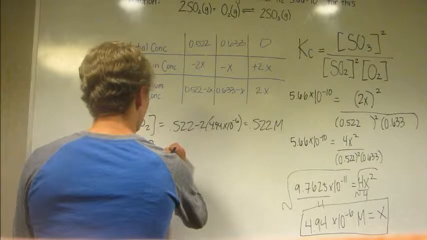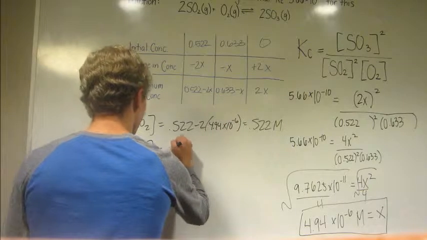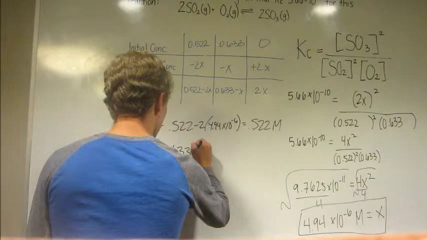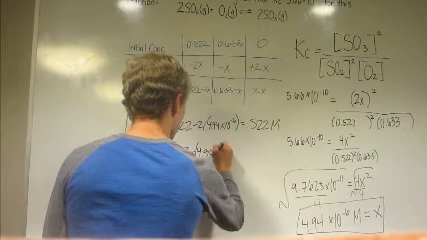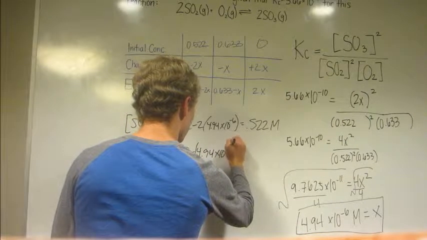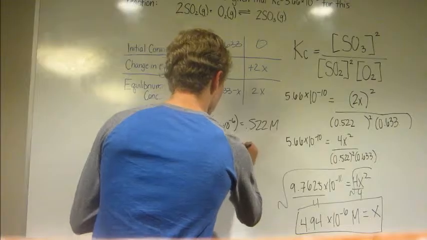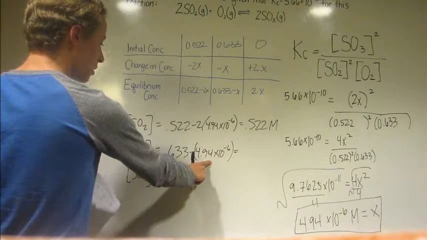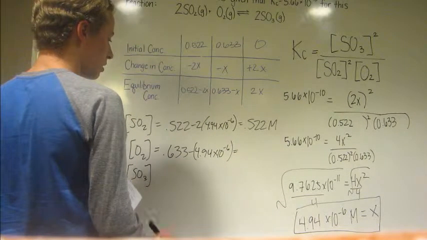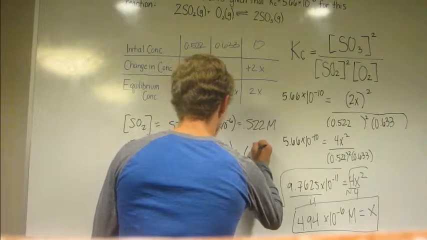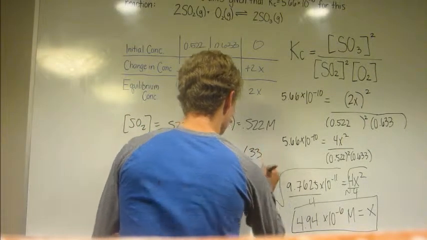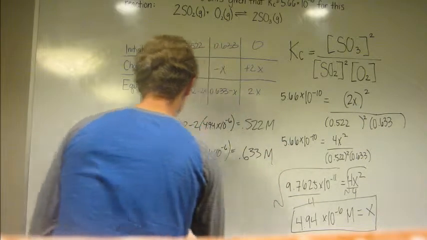The concentration of O2 is going to be 0.633 minus 4.94 times 10 to the negative 6th. Again, that value is so small that it doesn't affect the concentration, so the final concentration is going to be 0.633 molar.